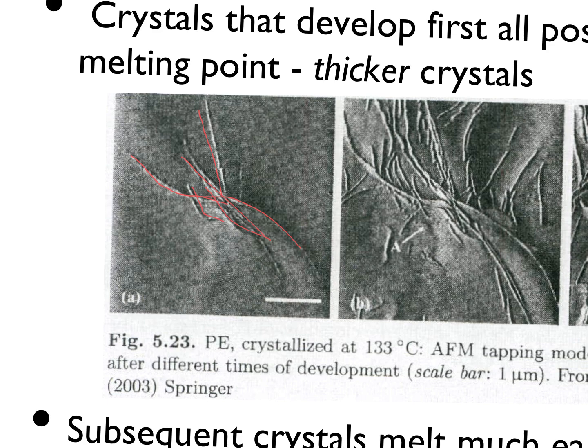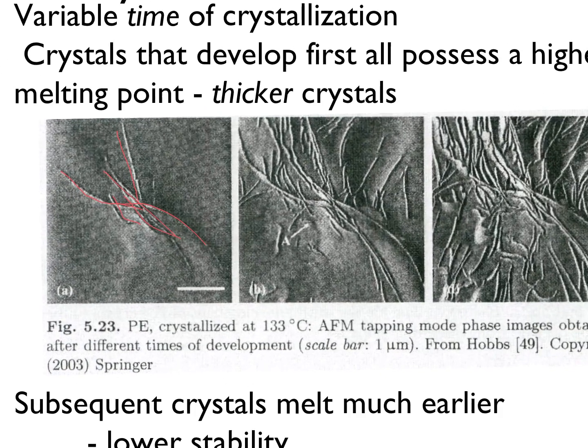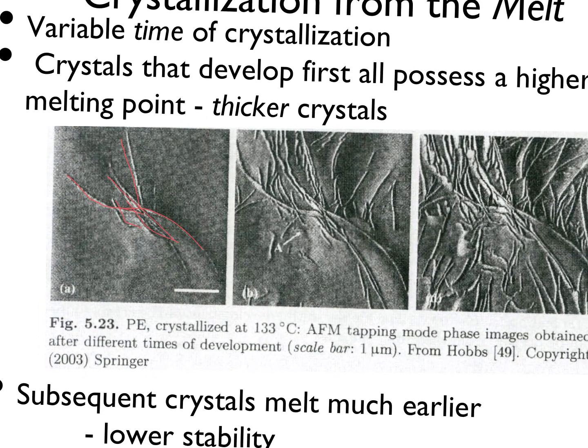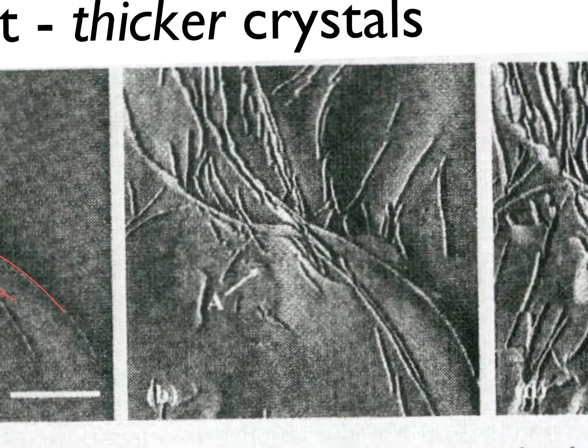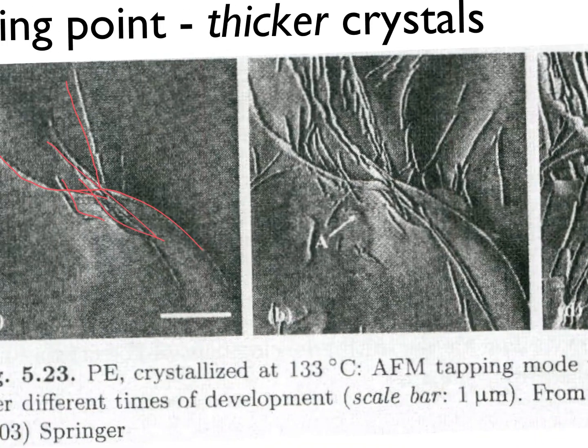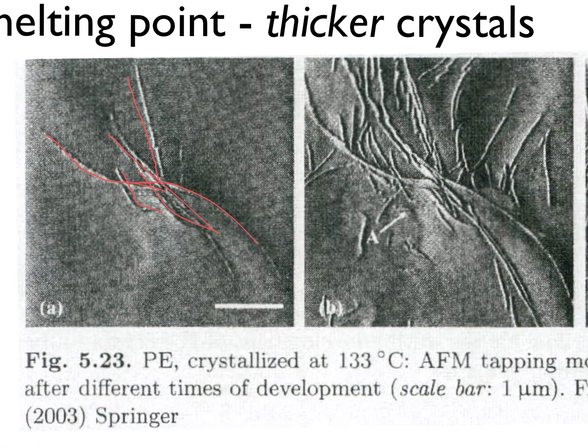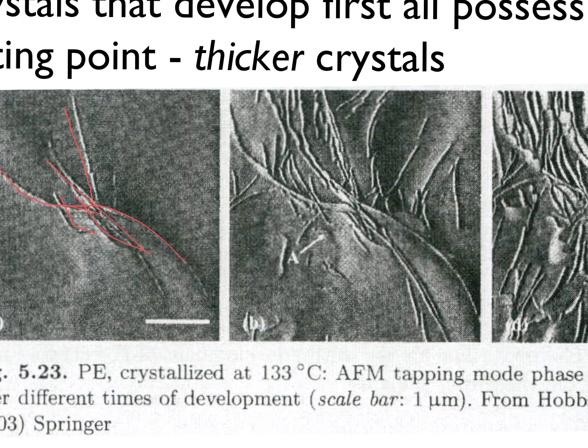And then as time goes by, and unfortunately we don't know how much time has gone by, but we know that B is a later or subsequent version of A, and so we have these crystals that have formed, and if you look closely you can see the crystals in A that are still there in B, but now we're starting to get these smaller, thinner, shorter crystals that are forming as well.